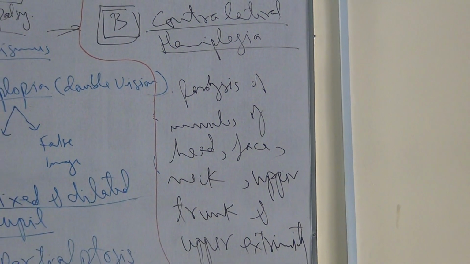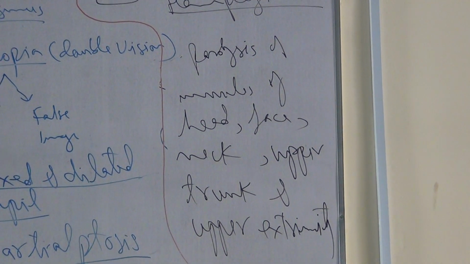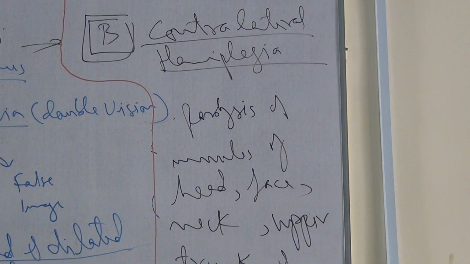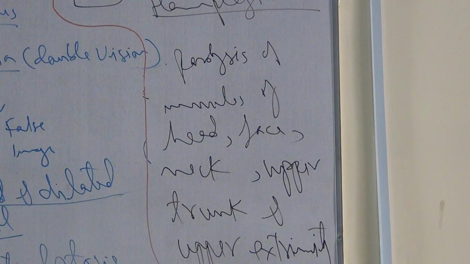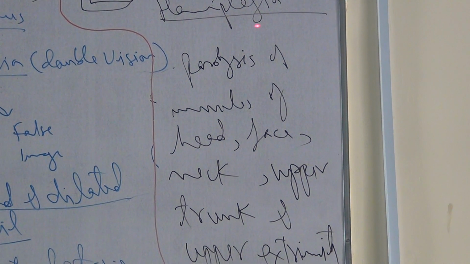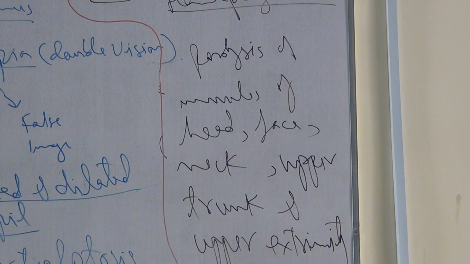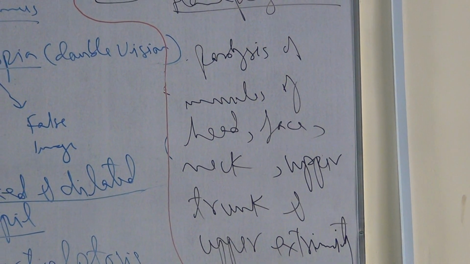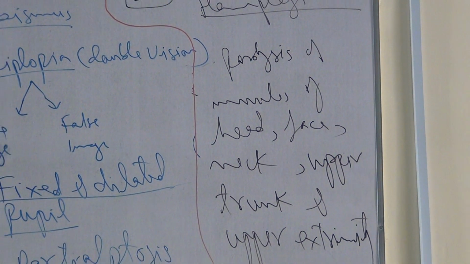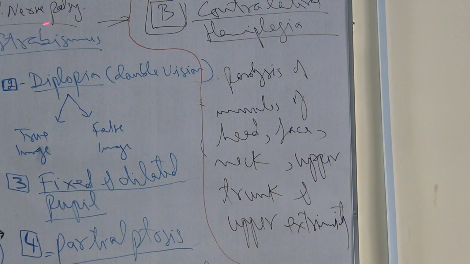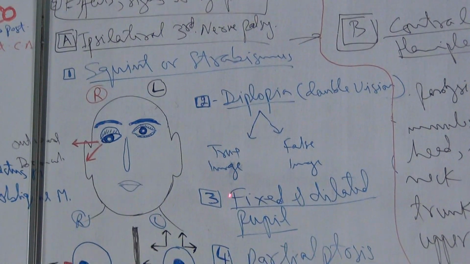So this is the second effect or feature of the midbrain lesion in case of Weber's syndrome, that apart from ipsilateral third nerve palsy, there will be contralateral hemiplegia. There will be paralysis of the muscles of the face, head, neck, upper trunk, and the upper extremity on the opposite side, opposite to the site of lesion. But the third nerve palsy is on the same side, ipsilateral. And these are the features of third nerve palsy.